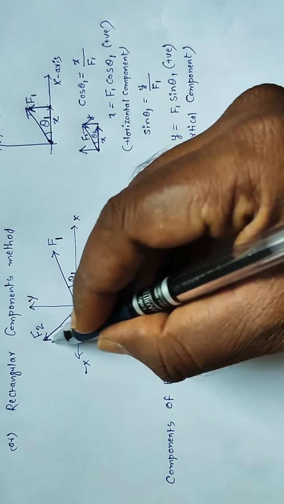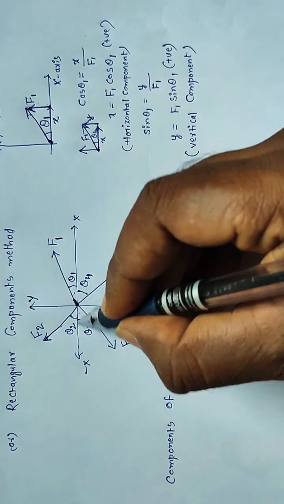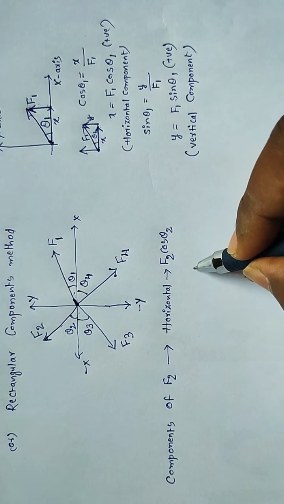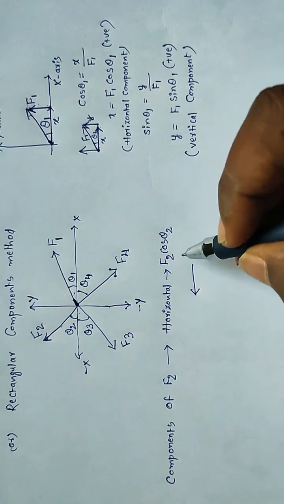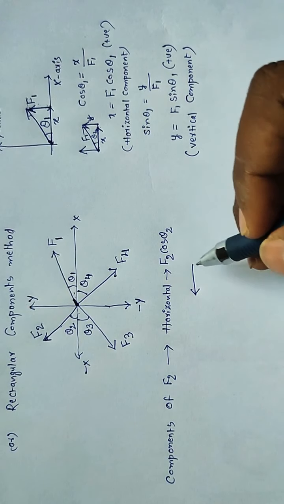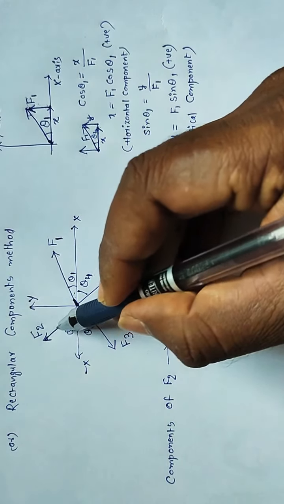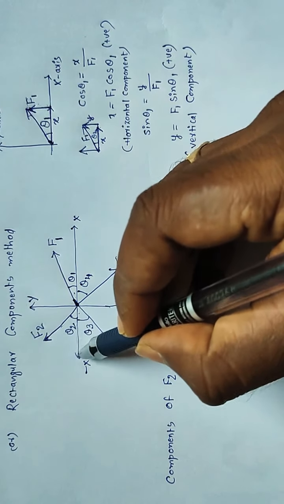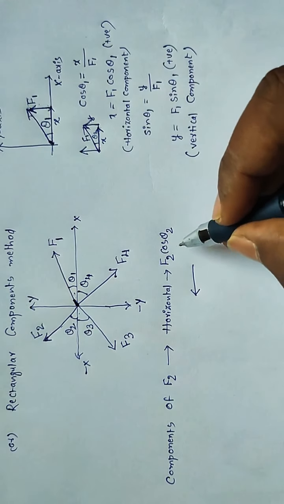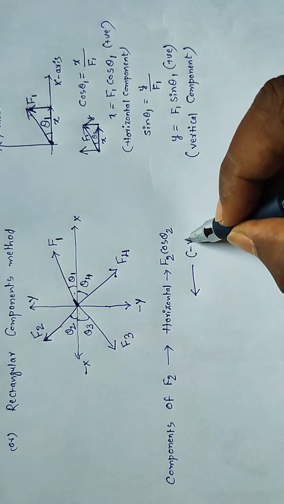This F2 cos theta 2 acts in the negative x direction, so the value is negative here.